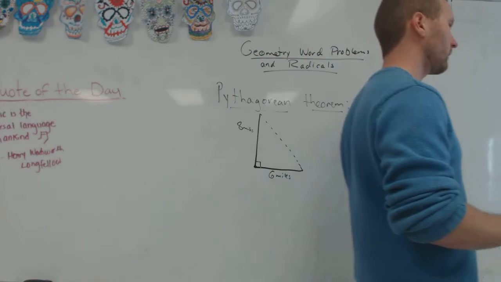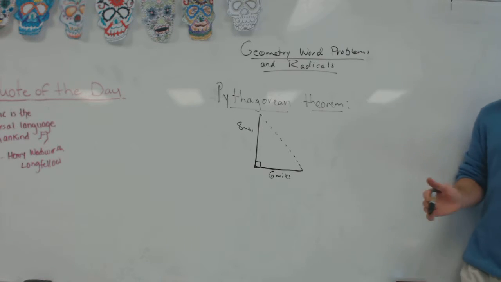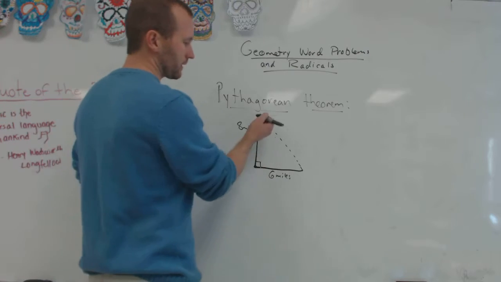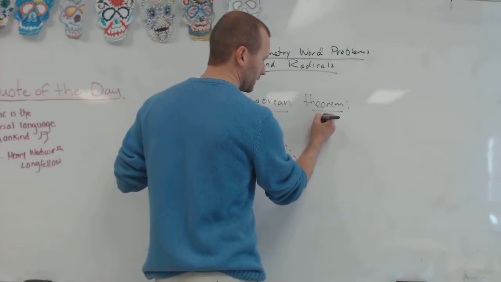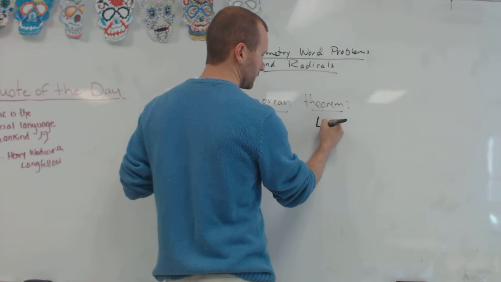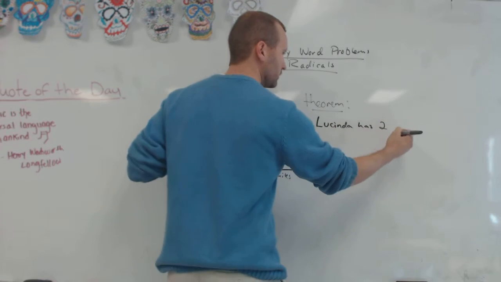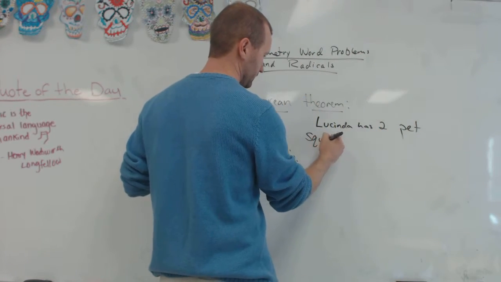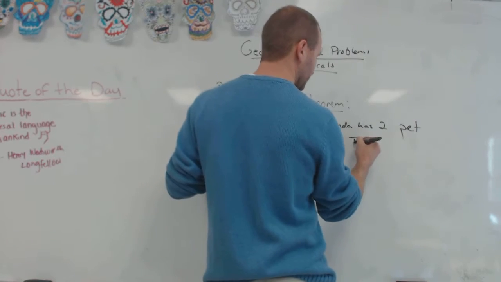So then you can do like 8 squared plus. Yeah, yeah. So let me give you an example of a problem that this might fit into, right? Let's say Lucinda has 2 pet squirrels. They escape.